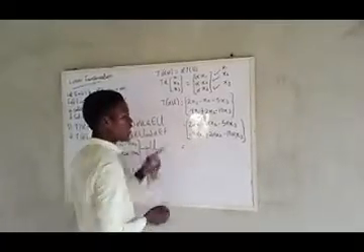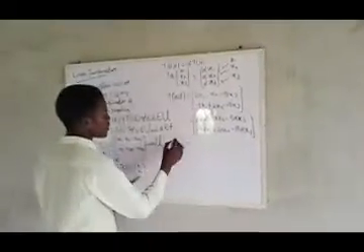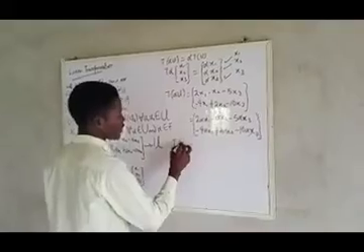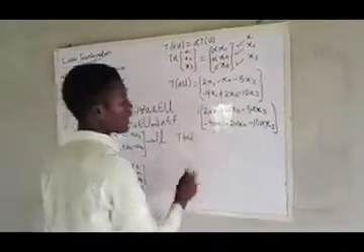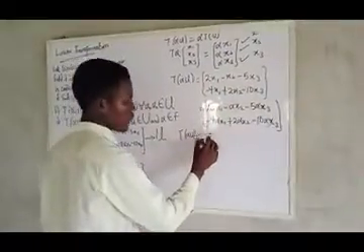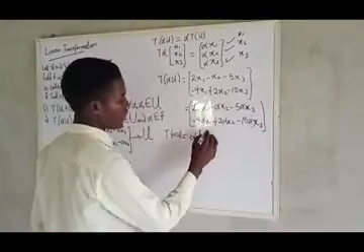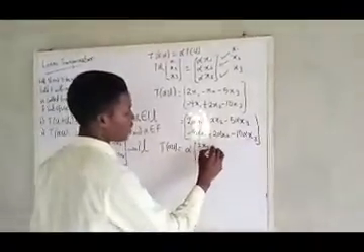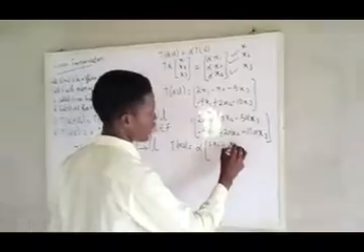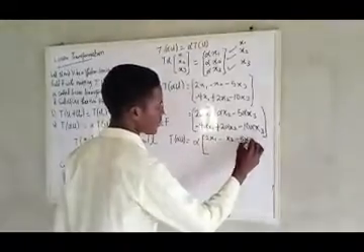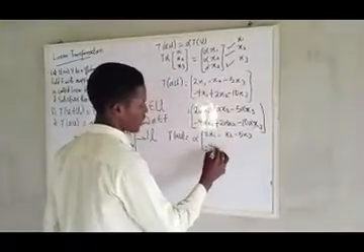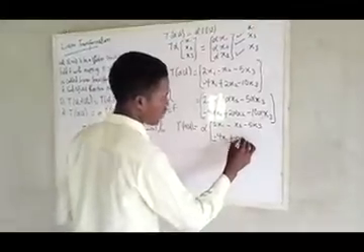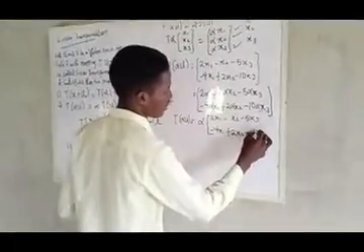Now, if you look at this, you can see that something is common between them. You see that something is common between them, which is what? Alpha. So bring alpha out. You will be left with what? 2x1 minus x2 minus 5x3, minus 4x1 plus 2x2 minus 10x3.